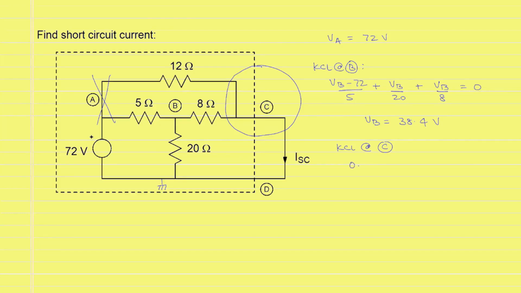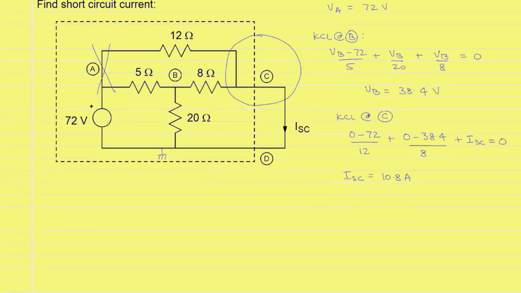VC is equal to 0, VA is 72 volts, so 0 minus 72 divided by 12 ohms, plus the current leaving through the 8 ohm resistor will be 0 minus VB, which is 38.4 volts, divided by 8 ohms. And the current ISC is also leaving, so plus ISC is equal to 0 to satisfy KCL. We can solve this equation for ISC and it will be equal to 10.8 amperes.